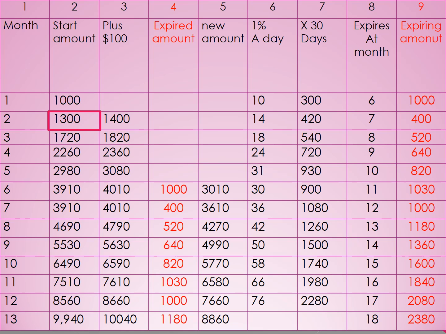But here in column 3, row 2, in this scenario we're going to add to this position out of pocket $100 a month. You don't have to do any of this. This is just a scenario that I believe is practical, that anybody can do, so it's what I'm using.